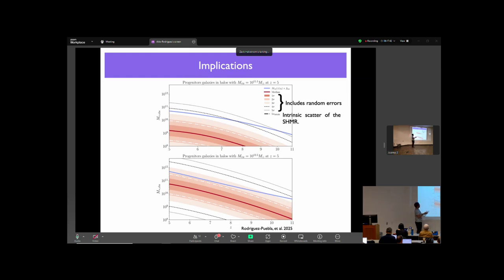But if you start to add in quadrature random errors, and perhaps this is a very simplistic way to think about this, based on the figure that I showed before, and I will come back to that figure, you start to see that there are observed galaxies that are above the universal baryon fraction, which is the violet line that I'm showing on the top. The same thing is shown here. So there will be an important fraction of galaxies that we will infer to have higher baryonic fractions than what we expect at those redshifts.